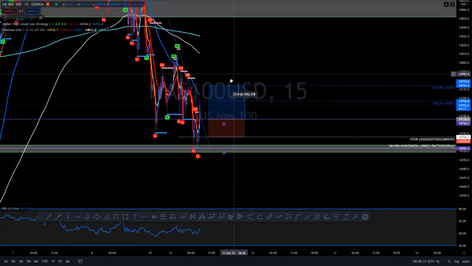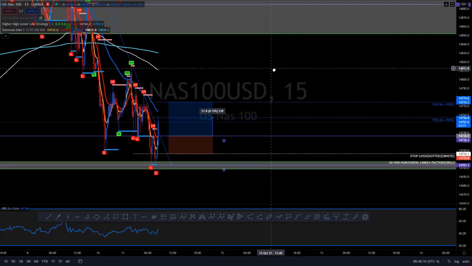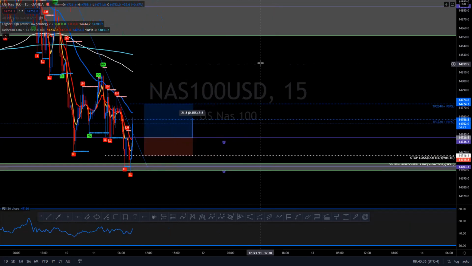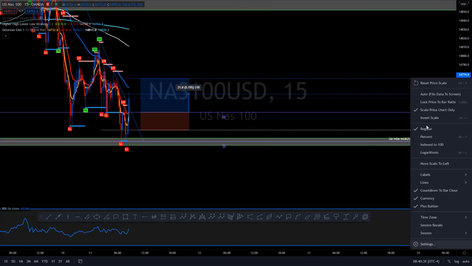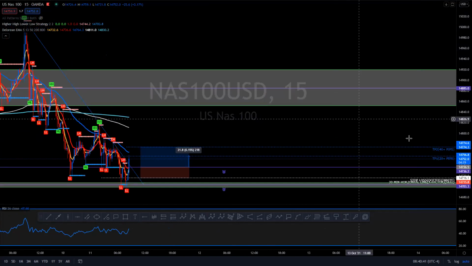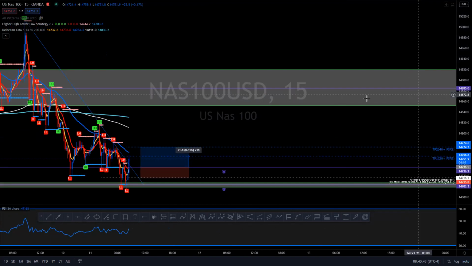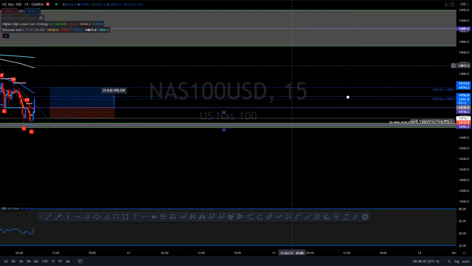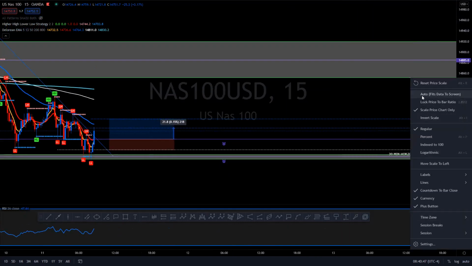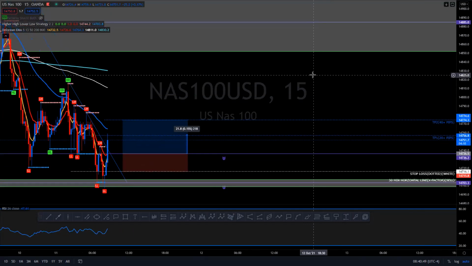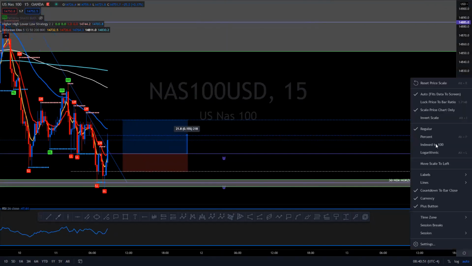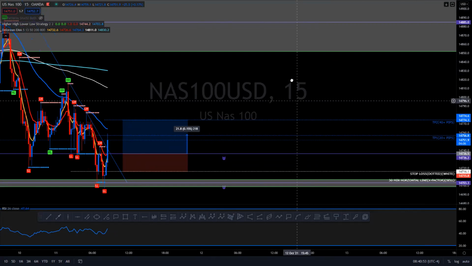So since we made our profits, I'm going to go ahead and close my first partial trade. And then we're just going to end this session because we made some good money off of this. Try to zoom in so you guys can see what we did. There we go. So now, pull this up.